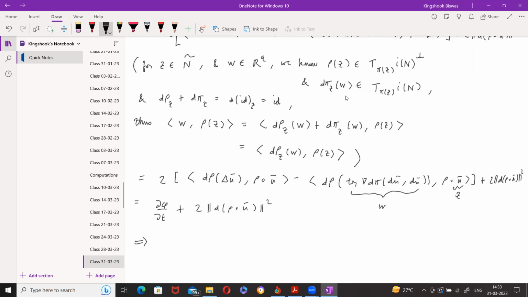Okay. So we get that the integral of ∂φ/∂t d vol over M, where this ∂φ/∂t is Laplacian φ minus twice the norm of dρ composed with ū, whole squared.